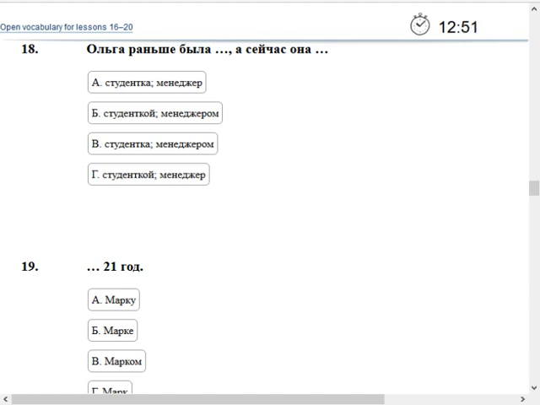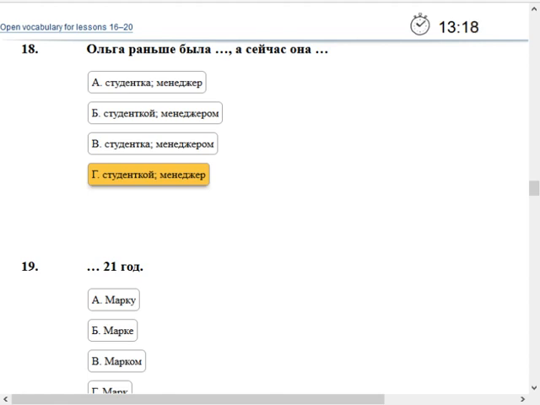Now, сейчас она, I believe this should be the nominative case because this is just stating what she is. There's not any special verb here. It's just Olga is a manager. So we're not looking at instrumental or dative or any other weird case like that. This is the normal nominative case here. And the basic word is just manager, so we take manager.